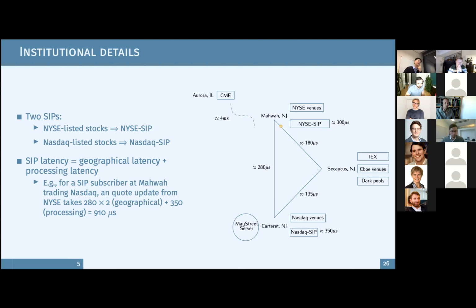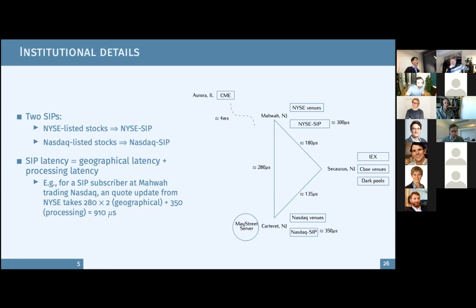So a quote update from NYSE in a NASDAQ stock will first have to travel all the way from Mahwah to Carteret, get processed by the NASDAQ SIP, and then travel back to the subscriber. So essentially you have 2 times 280 microseconds plus the processing latency at the NASDAQ SIP. So it takes almost 1 millisecond to get a quote update from NYSE trading in the NASDAQ stocks.